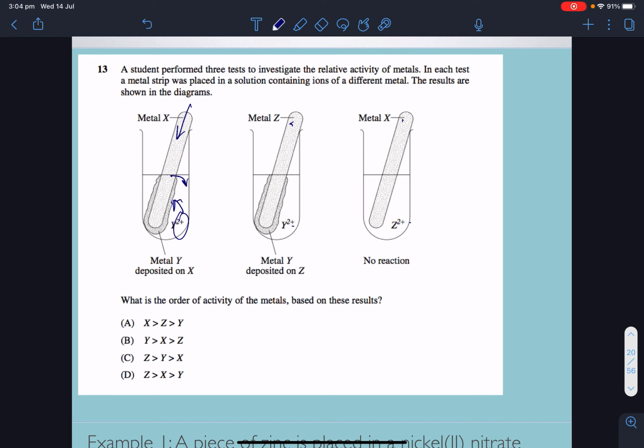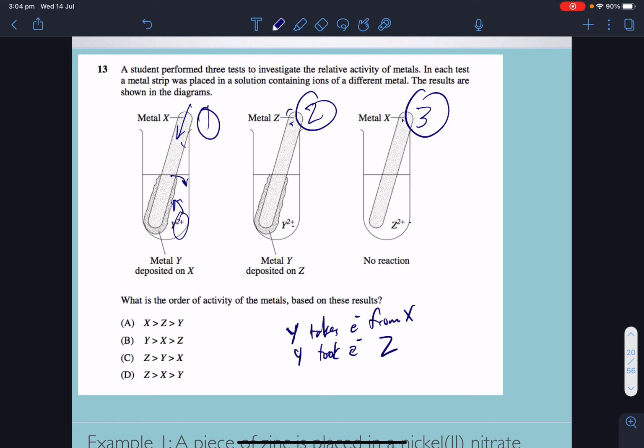So what order? We know that Y takes electrons from X, because X went into solution here. And we know that Y also took electrons from Z, metal Z, from the second one there.